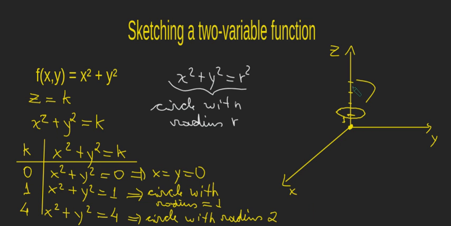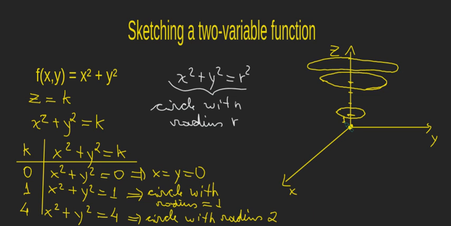So a circle with the double of the radius. Okay, something like this, and so on. If we pick a higher value for z, every time you will get a greater circle.